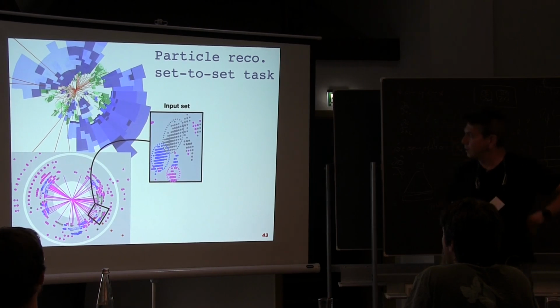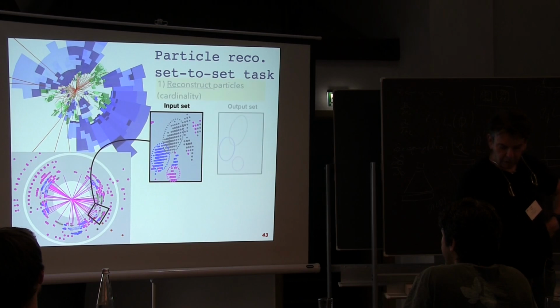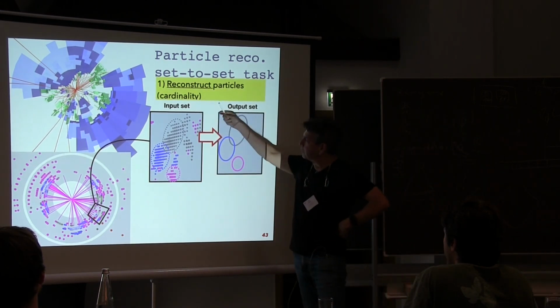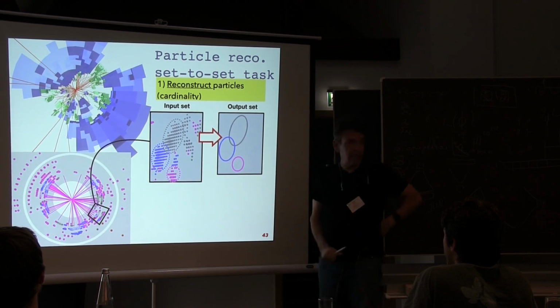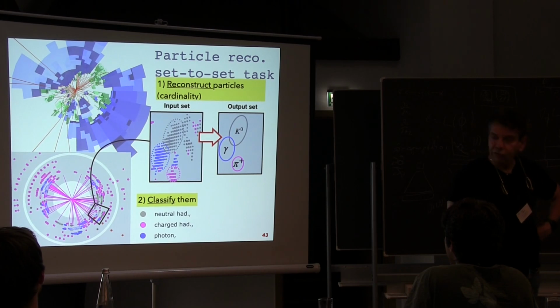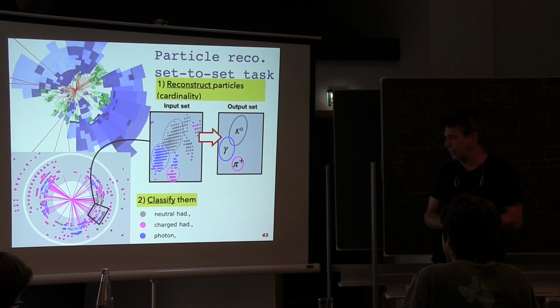So it's a set-to-set task. The input set is clear. The output set is first to reconstruct the particles and find the cardinality, which is also something we did already. And once you have the cardinality, you have the tool with which you can try to classify them.